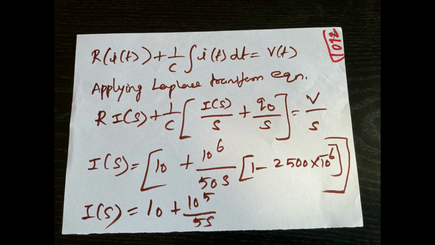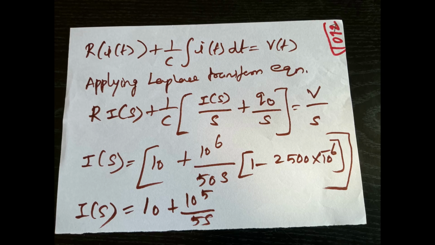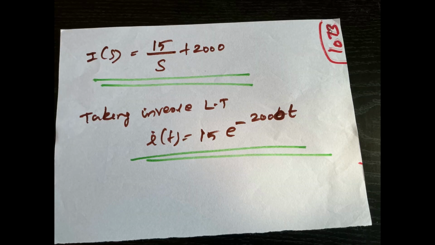Taking the inverse Laplace transform, using the formula from previous classes and tabulation. The second formula is L of e power minus at equals 1 divided by s plus a. Using that, we take the inverse and find I(t) is 15 e power minus 2000 t.